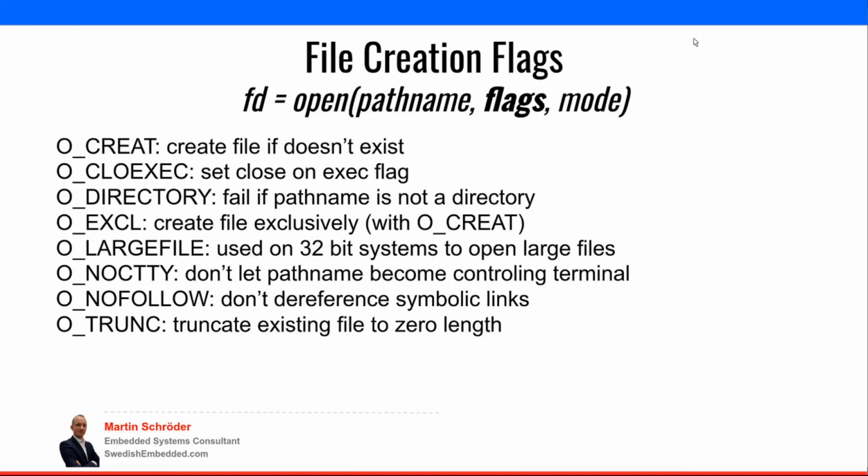O_CREAT determines whether you want to have the file created. If the path name doesn't exist, then it is created, and the mode, the last argument passed to the open function, determines the permissions that are used for creating that file. We'll discuss that in a little more detail as we go along in this presentation.